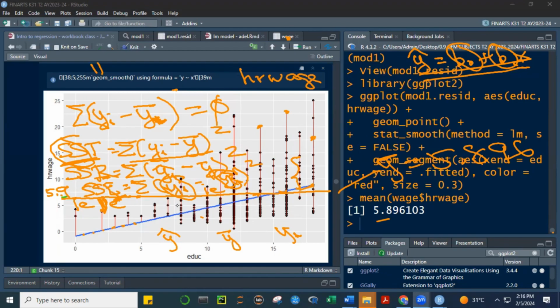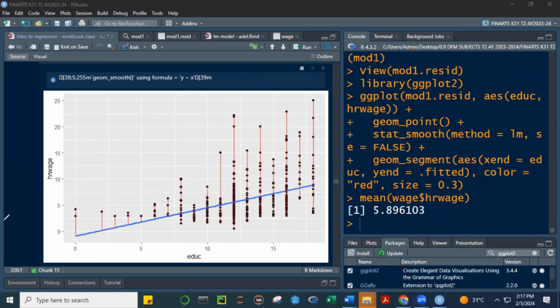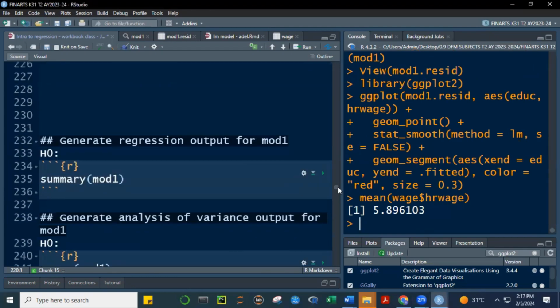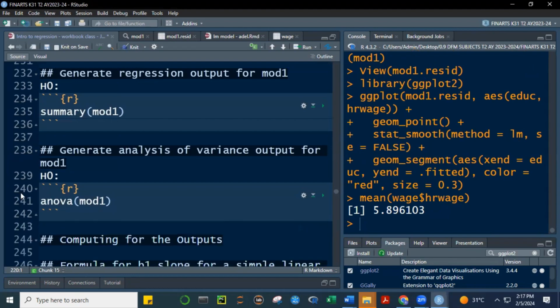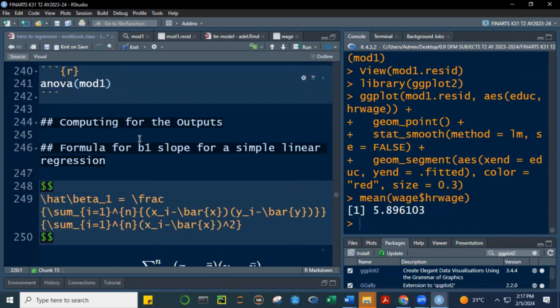Okay. Konting minutes lang, class. Just 1 or 2 minutes. Tapusin ko lang to. Okay, so if you can see here, class, pakiran niyo muna tong ANOVA ng mod 1.